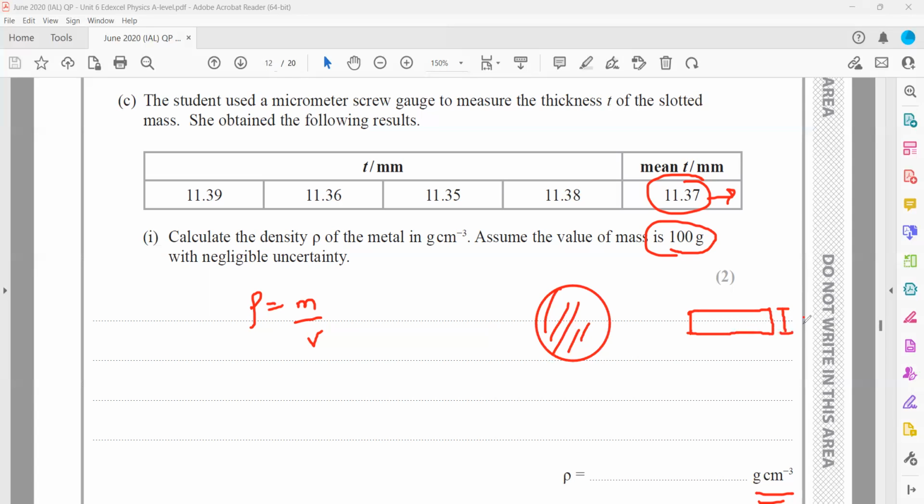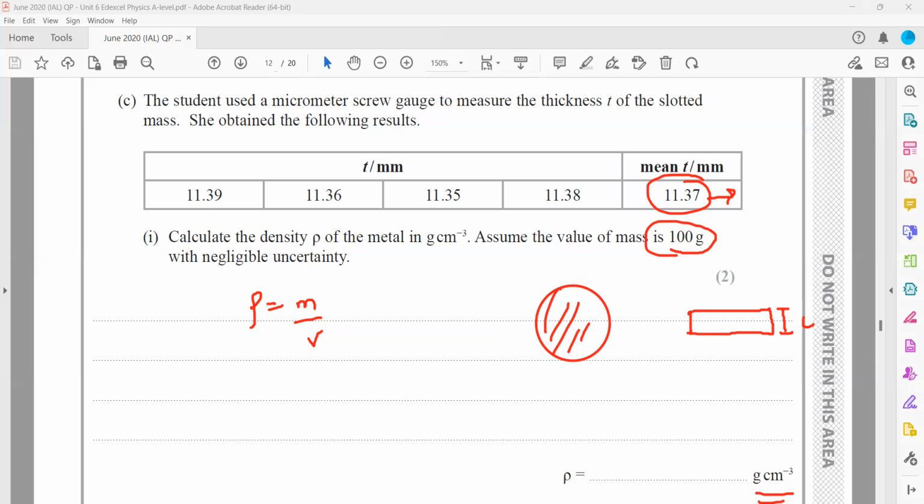So this is the thickness of the slotted mass, T. Now to work out the density, it is mass over volume.